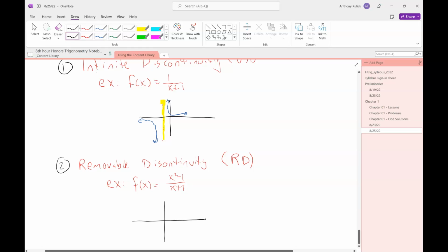If I look at the graph of that, it would look something like this. Notice the open circle on the graph. That's a hole in the graph. That's your removable discontinuity. When do those occur?